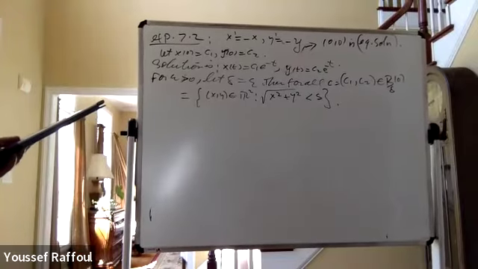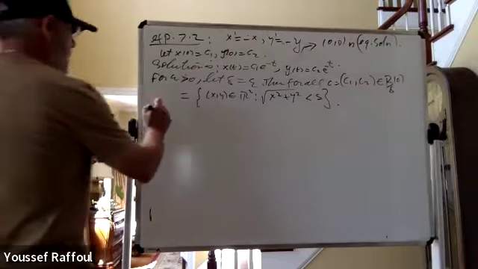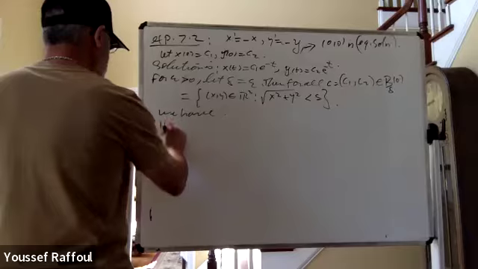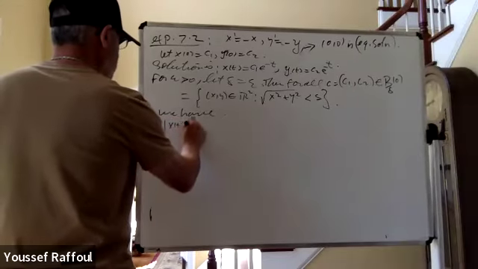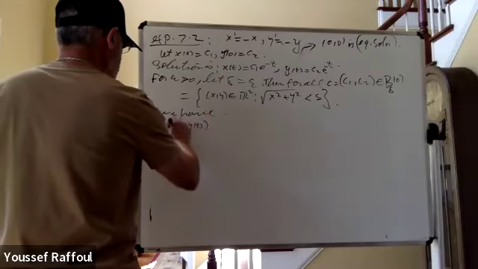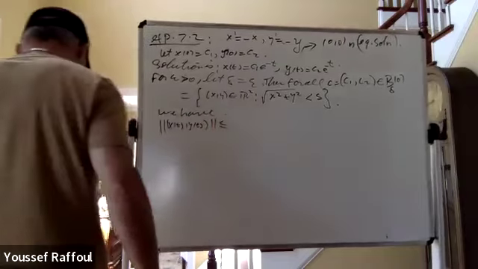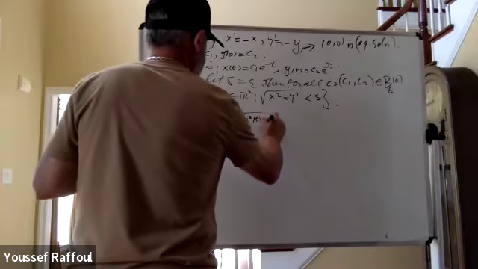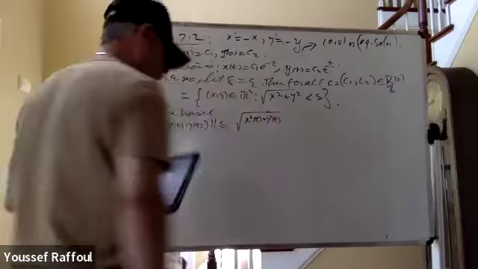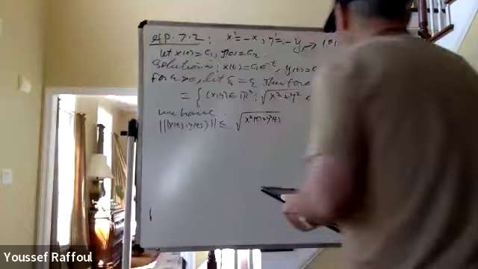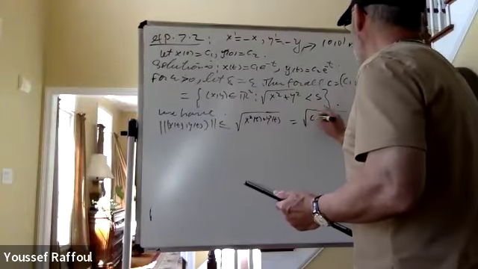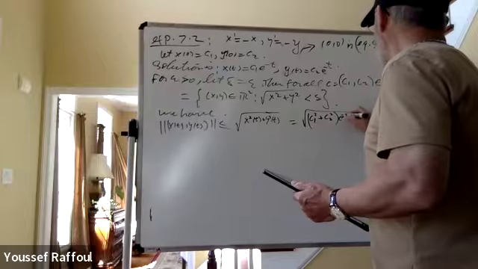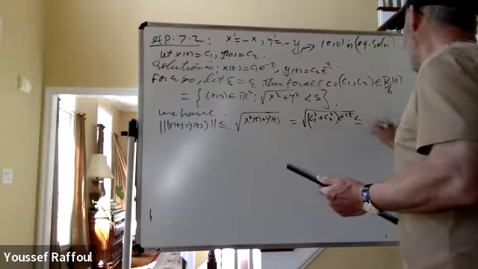So we have the norm of (x(t), y(t)) is less or equal to x squared of t plus y squared of t, that is equal to C1 squared plus C2 squared times e to the minus 2t.